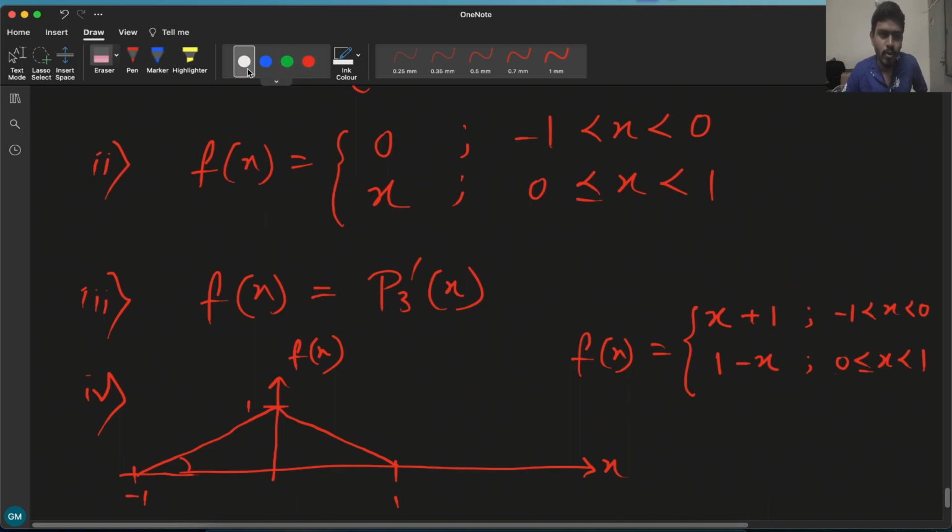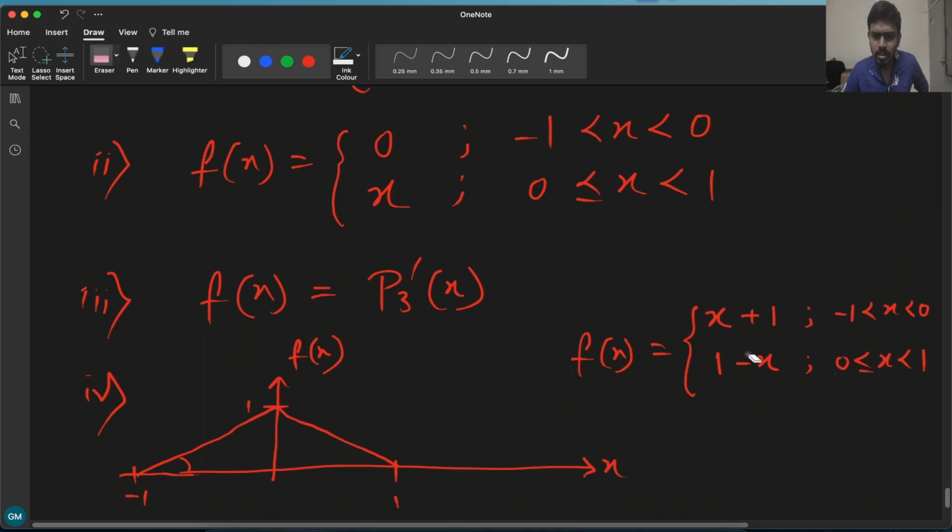It will be linear in x because these are straight lines. When x is minus 1, then f(x) should be 0, at x equals 0, f(x) should be 1, and at x equals 1, f(x) will be again 0. So you can see that.